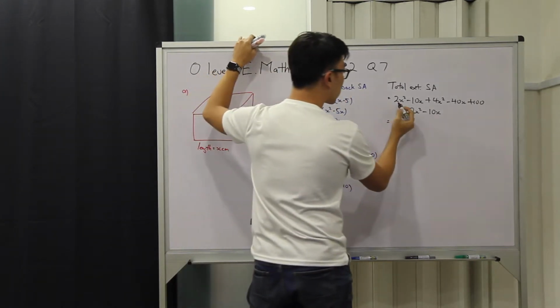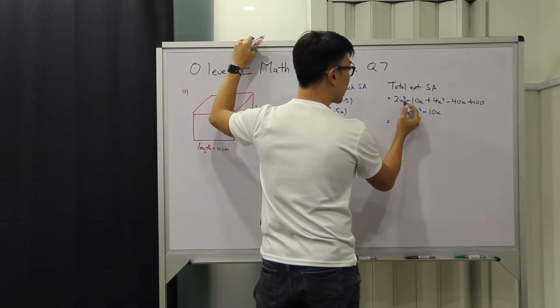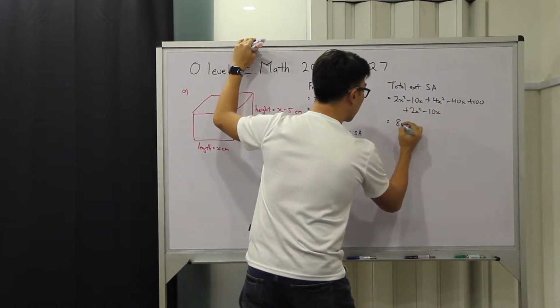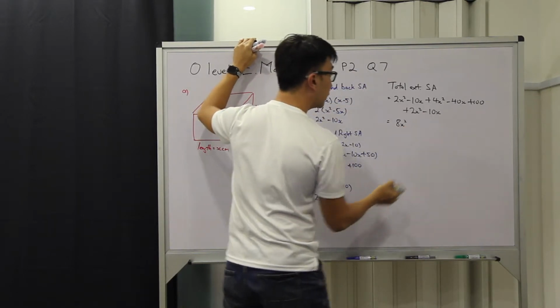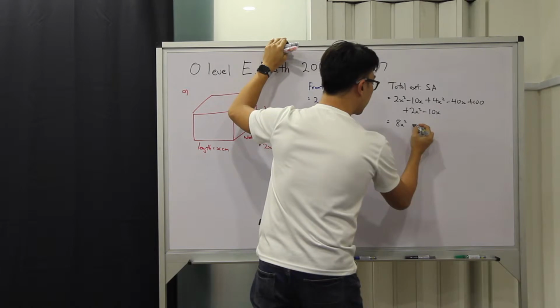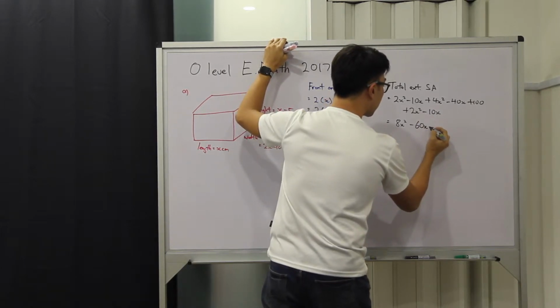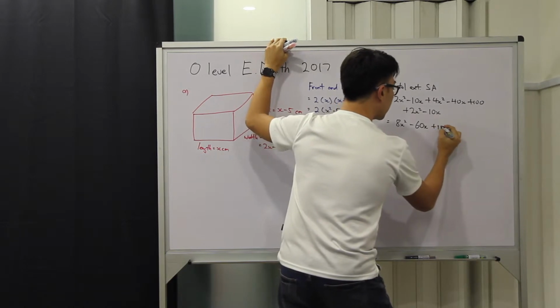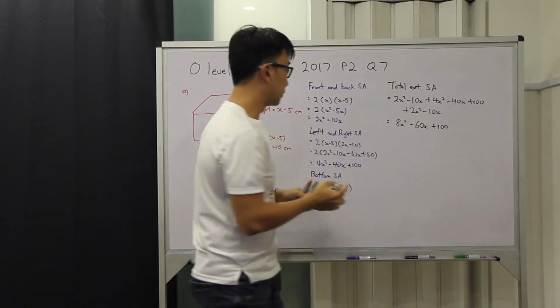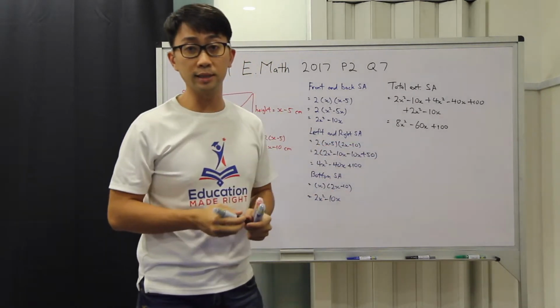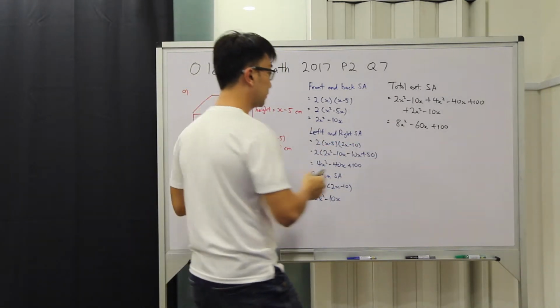By adding all the common terms together, we have 2x squared, 4x squared, and 2x squared. That will be a total of 8x squared. By adding all the x terms together, we'll get minus 60x, and by adding all the constants together, that will give us 100. So this total surface area, as mentioned, equals 48 cm squared.